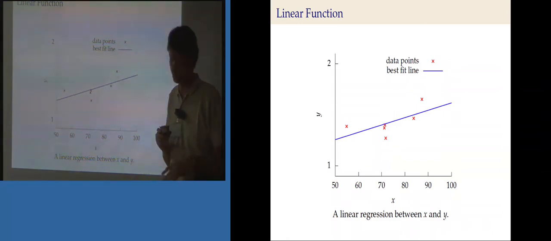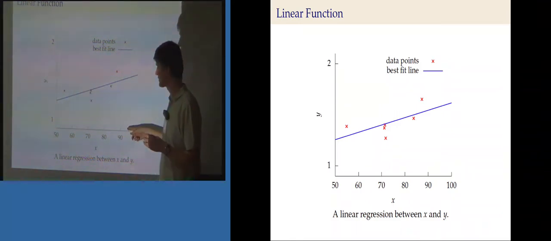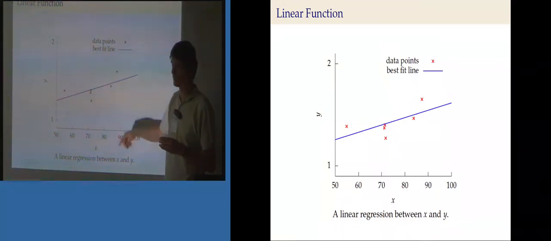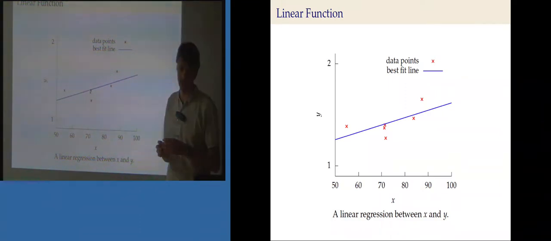This might be a regression between weight and height. So obviously the taller you are, the heavier you are, so you could maybe try and predict someone's height given their weight, and then you fit the best line.